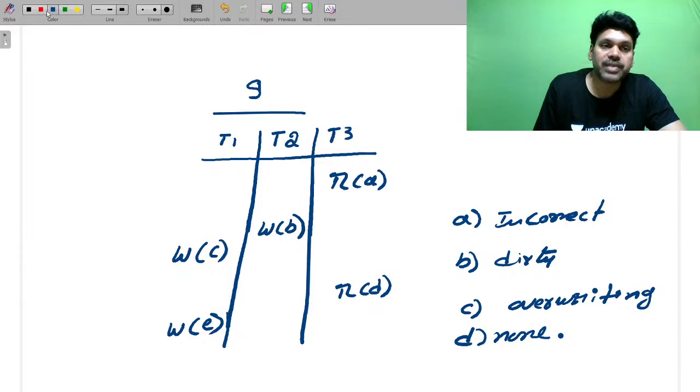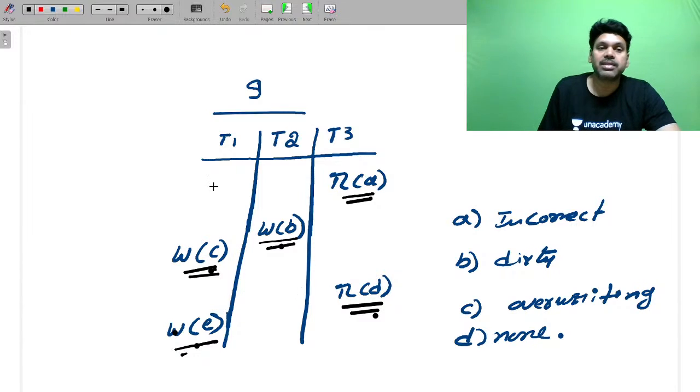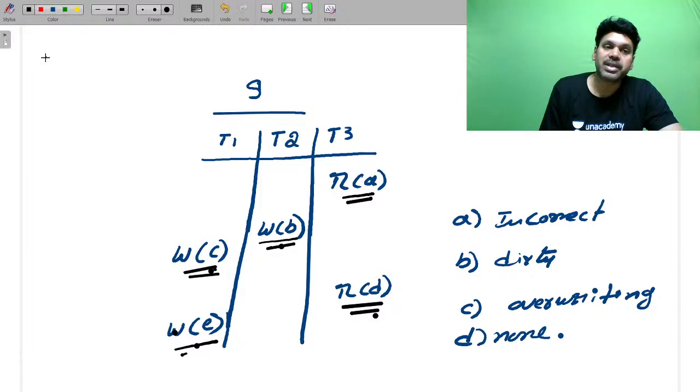So you all know the answer very well because you have followed the session carefully. So transaction 3 does not have any conflicts with others. And this W of B does not have any conflicts with others. This W of C does not have any conflicts with others, and R of D does not have any kind of conflicts with others. That's why it is not 100% sure that conflicts are going to come. In the sense of conflict, we understand three important conditions to be satisfied.